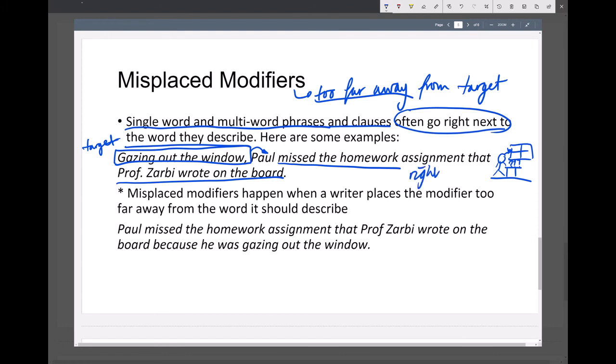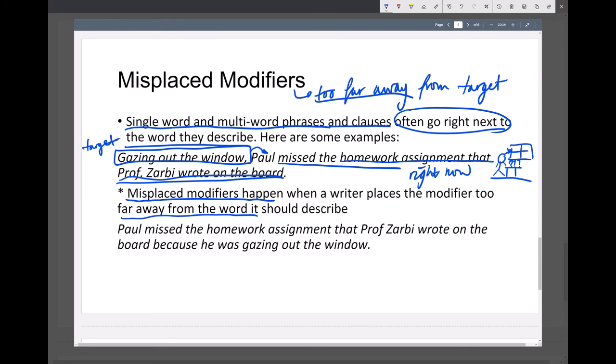So Professor Sarby wrote something on the board about a homework assignment. And then, well, he's missing it because he's looking out the window. However, this modifier is misplaced because it's too far away.